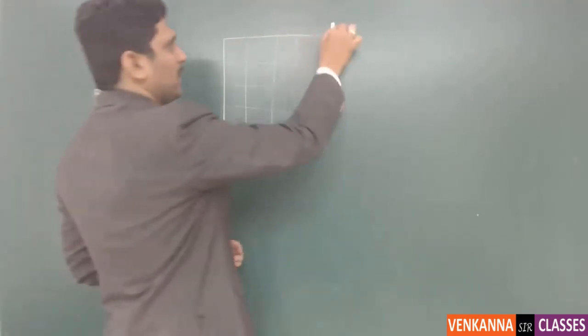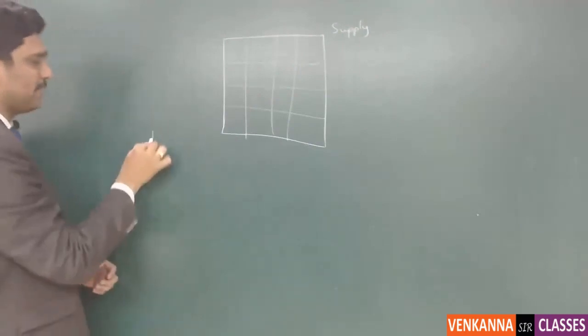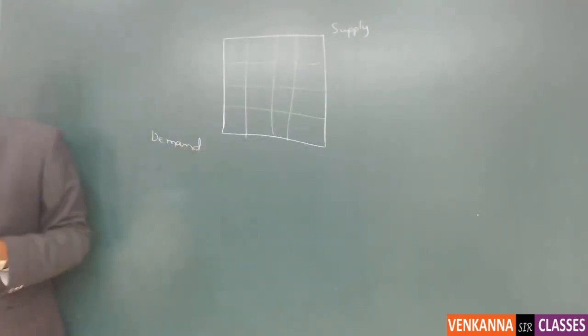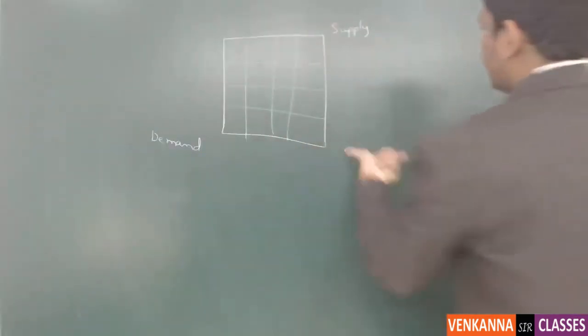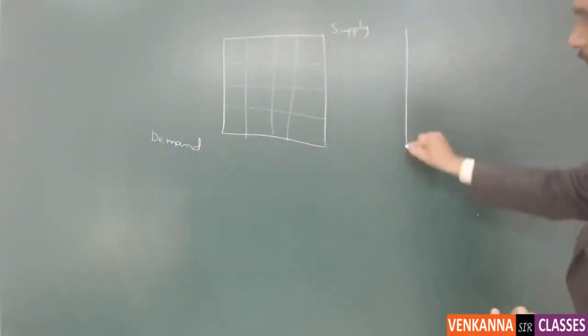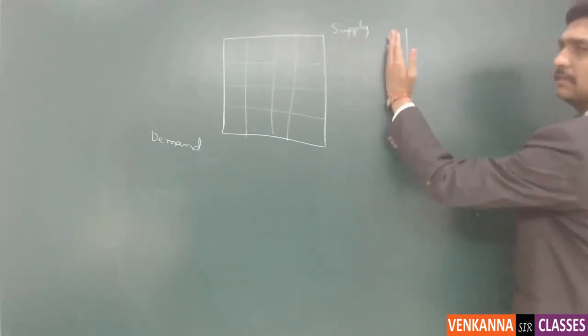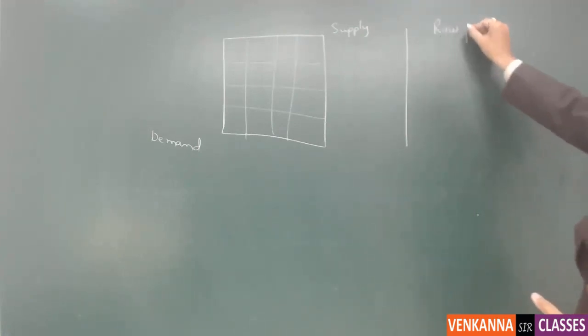Here we have the supply. Here you have the demand. So for the presentation of paper, you give some space to supply, because supply values get simplified for each iteration. Then here you put the heading row penalties.